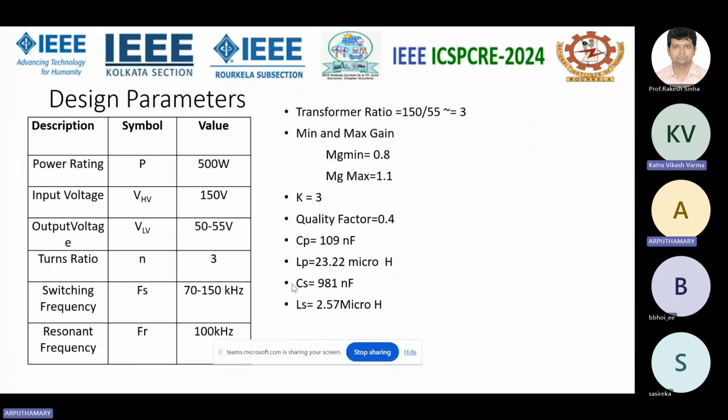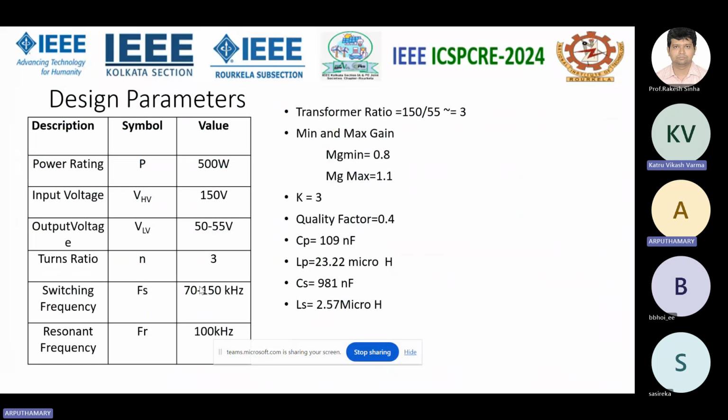Here I have taken the switching frequency in the range of 70 to 150. For one case, I have done it with 70 kilohertz. The other part I have simulated with 90 kilohertz. Maybe this value may vary.